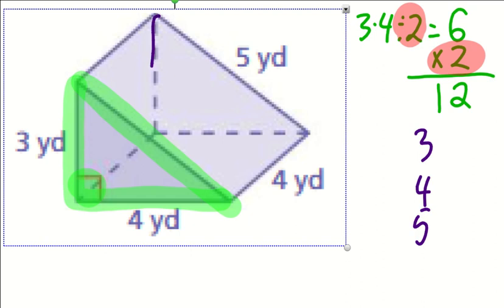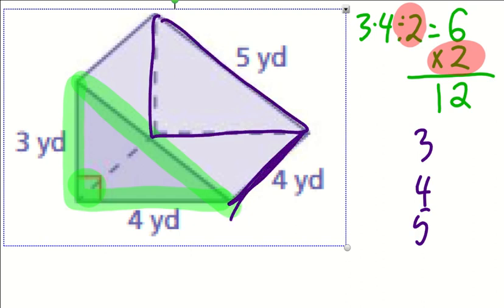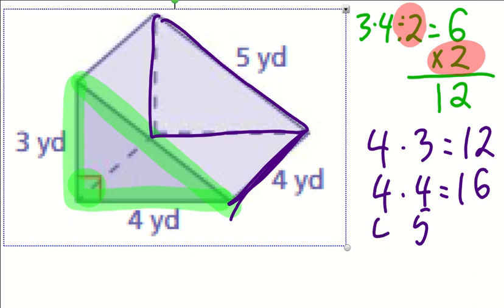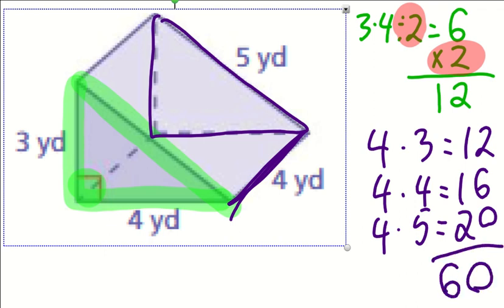To go from triangle to triangle, the connector's right there. That's the 4. So we got 4 times 3, that's 12. 4 times 4, that's 16. 4 times 5, that's 20. When you add all these up, that's where you get the 60. Okay?